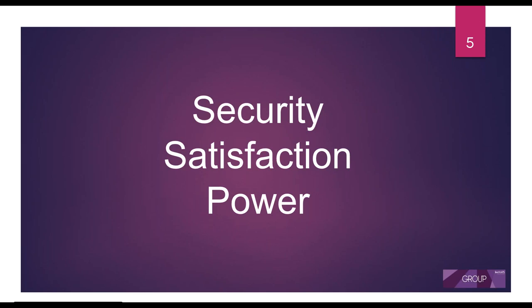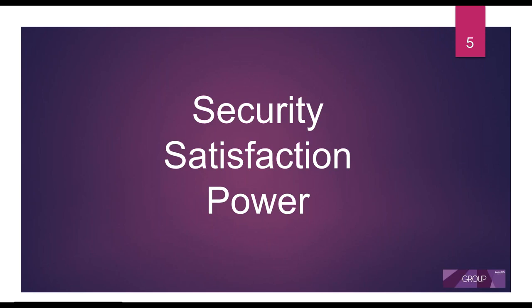Satisfaction, this is number 2, so fill in satisfaction. Satisfaction is your concern about feeling good, about enjoying life, about going after your desires. And then the last one, number 3, fill in the word power, right? Power is about you having your expectations met. And as a result of your expectations met, people will therefore do what you expect them to do.